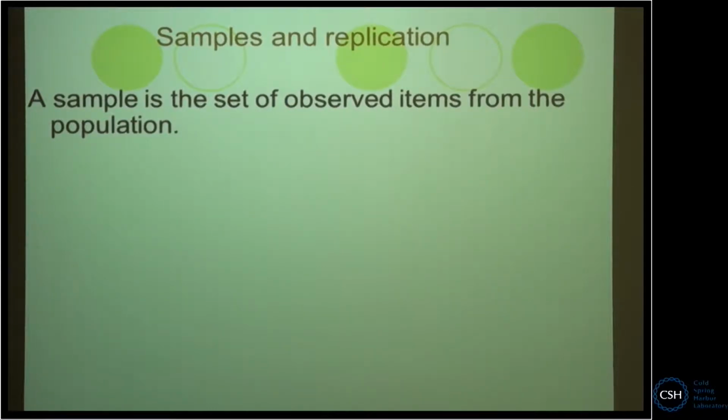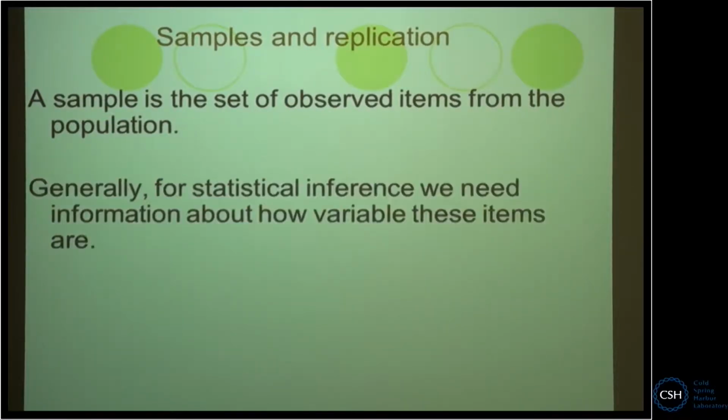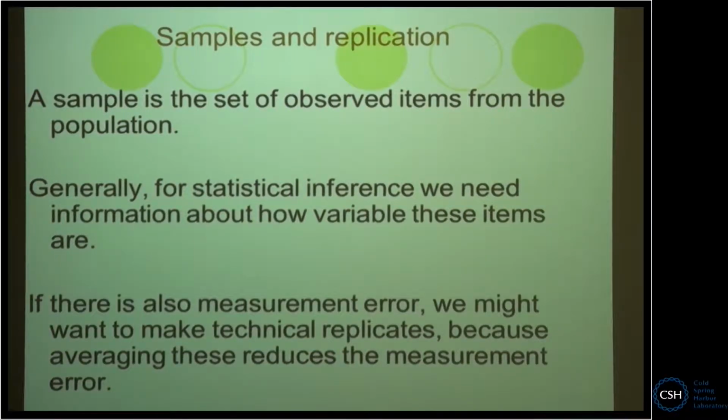So there's some jargon. A sample is the set of observed items, and we need to know how variable they are. And we might need to do technical replication, but we don't actually always need to do technical replication. Okay?